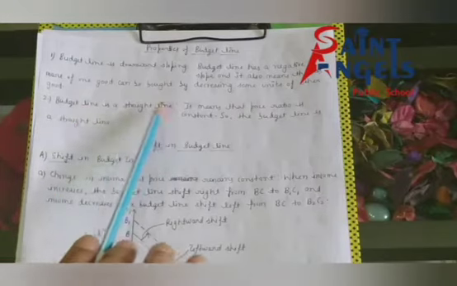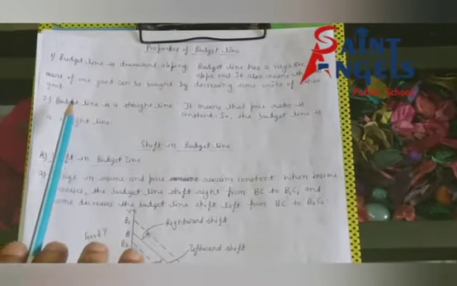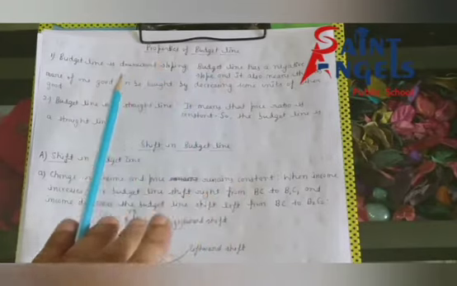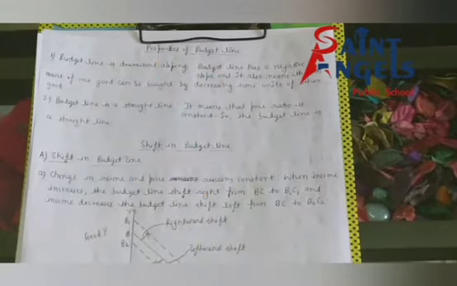I hope all of you understand why it is a straight line, because the slope of the budget line is constant. I hope all of you have understood the properties of budget line. There are two properties. First, budget line is downward sloping. Always remember, budget line is downward sloping and budget line is a straight line.